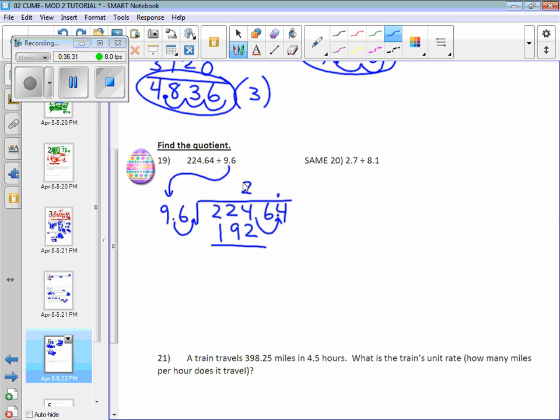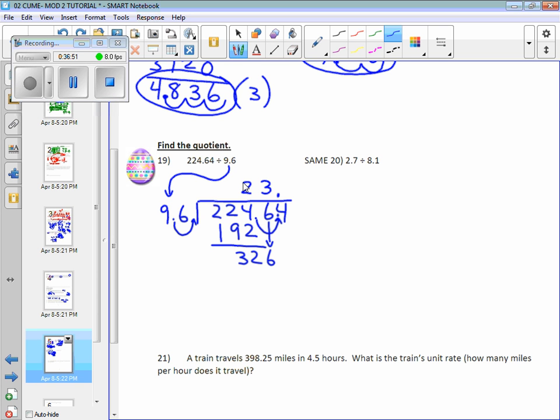And I'm going to subtract, and that's going to leave a difference of 32. And I'm going to bring down my 6. 96 into 326 goes 3 times.